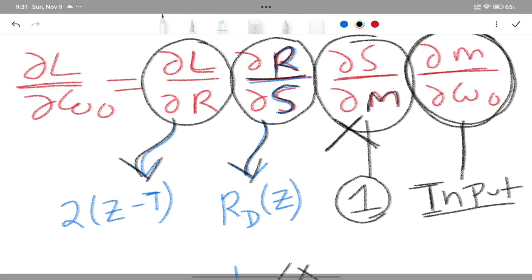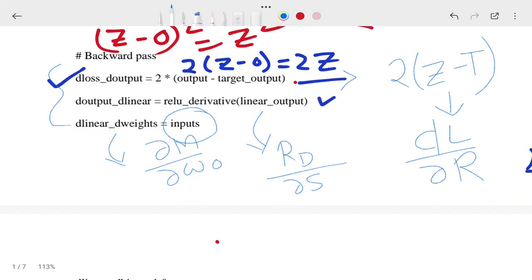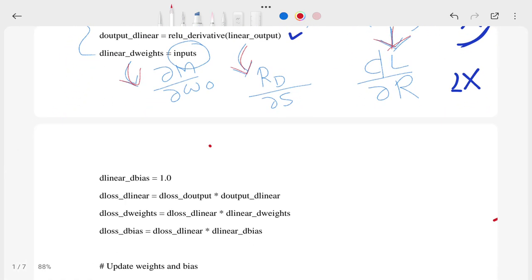These 3 I have written here. So this is the first one, this is the second one, and this is the third one. Okay, understand? Okay, now next.